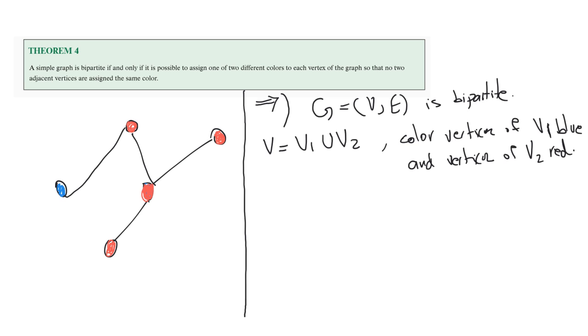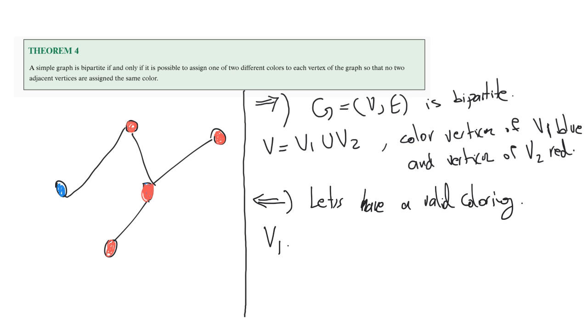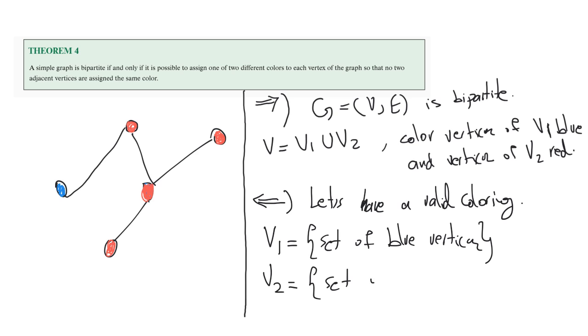Now let's go the other direction. Now let's have a valid coloring. Then define V1 to be the set of blue vertices and V2 to be the set of red vertices.